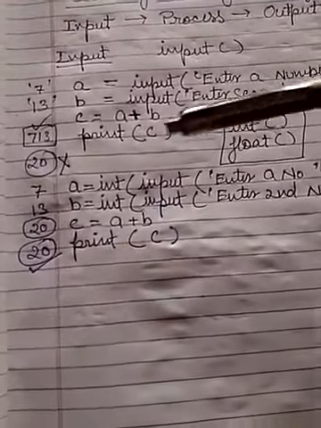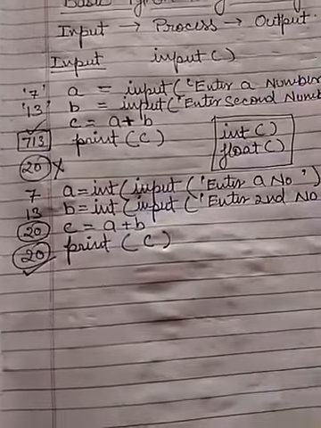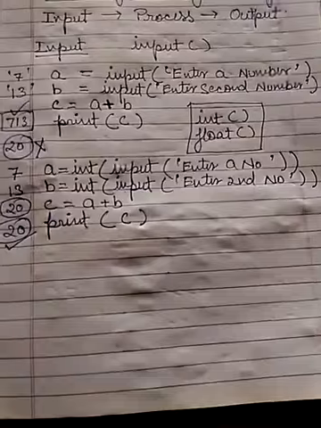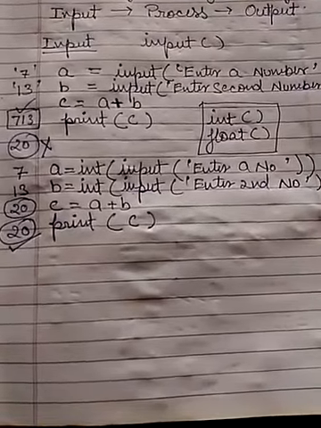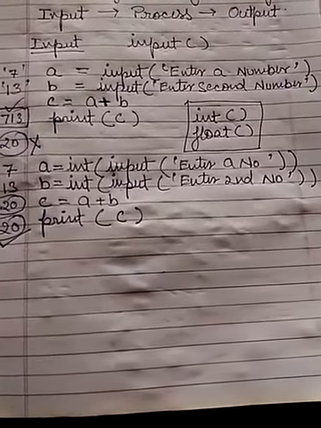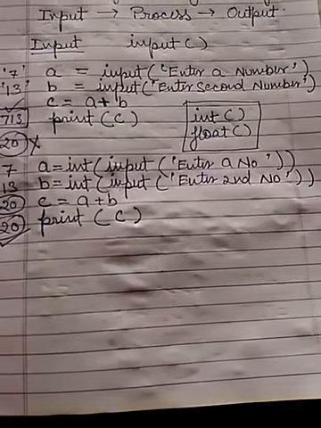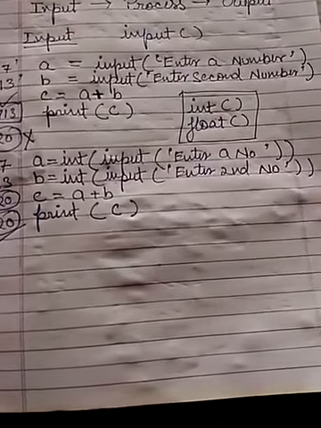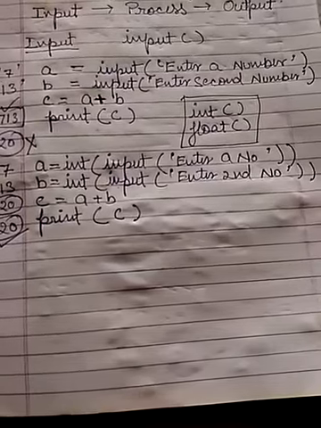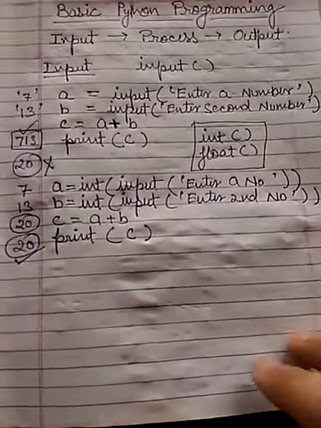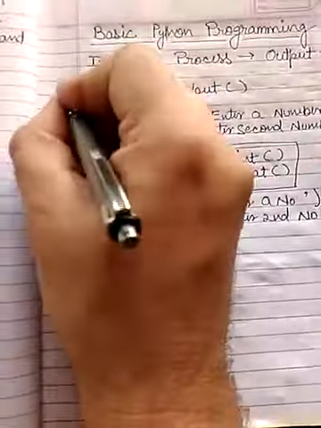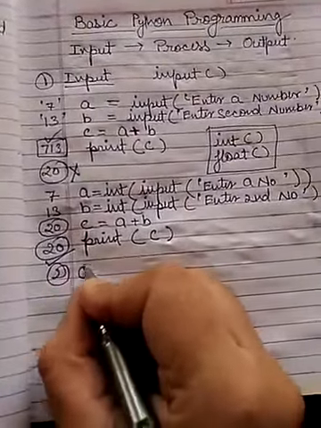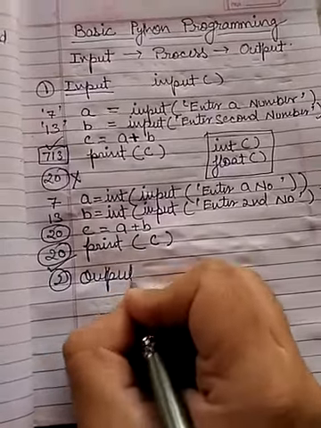So in this way you can change the type of a given input. Remember that Python reads everything in the form of a string. If you want to change the type of the value, then you have to use the built-in function. The int function is used to change the value to integer, and the float function is used to change the value to float. Now this is the first part, input. Now I am talking about the second part, output.